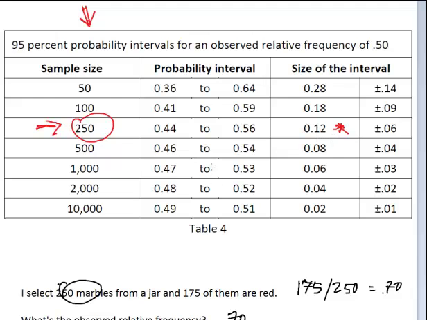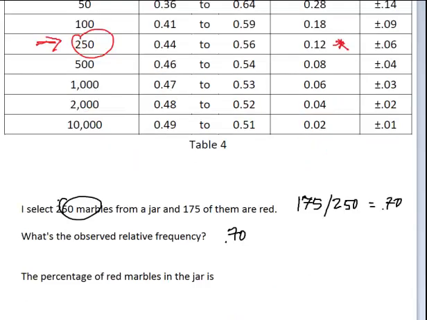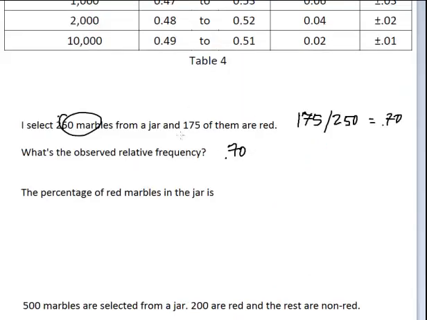So to use that information, we come back down here, we take our observed relative frequency and create an interval that's 12% wide that has 0.7 in the center. So we're going to subtract 6%, half of our interval, from 0.7. That gives us 0.64. And we're going to add 6% to 0.7. That's going to give us 0.76.